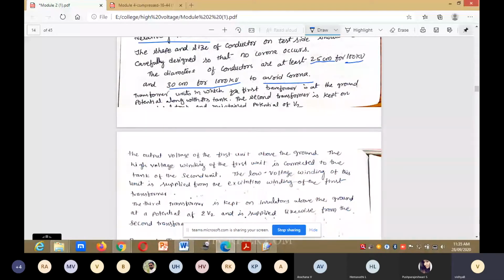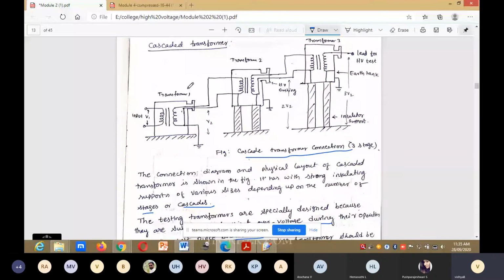Transformer units in which the first transformer is at ground potential along with its tank. You can see that the first transformer is at ground potential along with its tank.